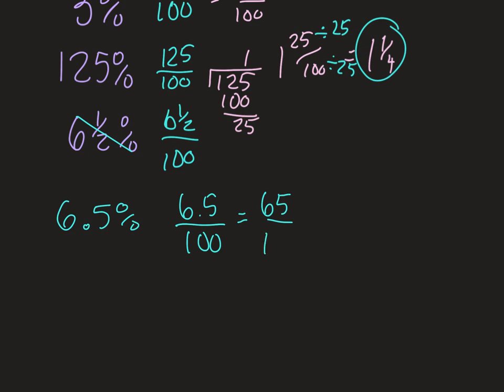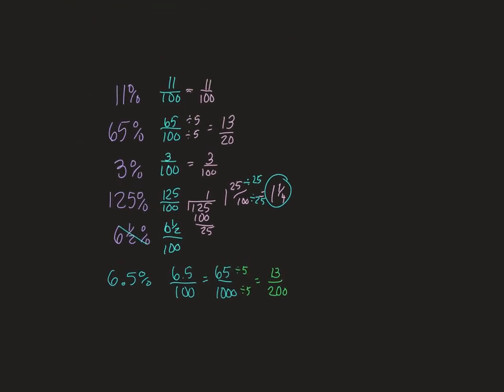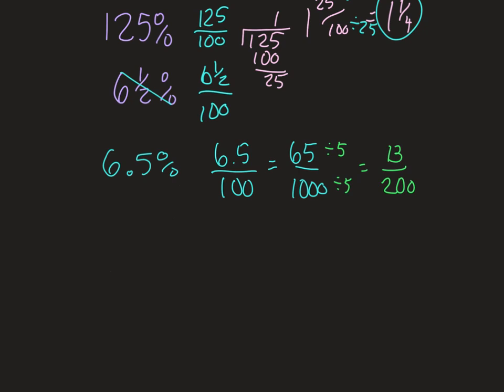And if I do that, I hop the dot over one place here. And now I'm ready to simplify. And didn't we do this one earlier, kind of, sort of? So if I divide by 5, I get 13, but this time I get 200 instead of, what was it, 13 over 20. Now it's 13 over 200.